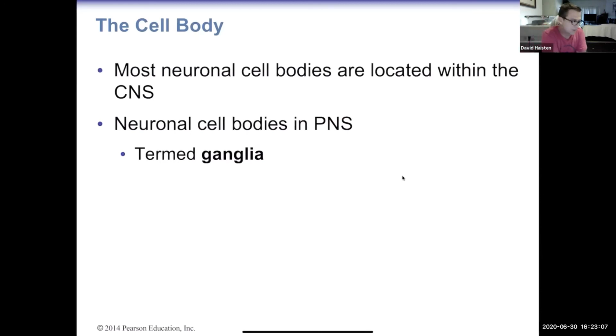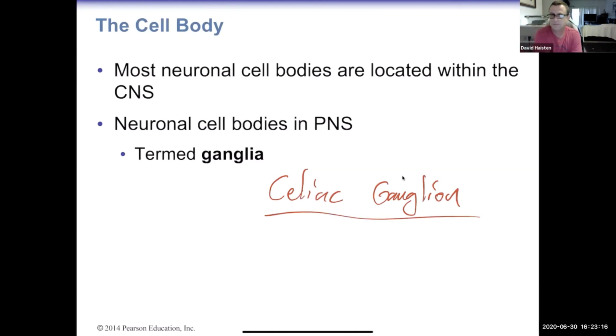For instance, one is called the celiac ganglion. That is a specific one, and that is singular.